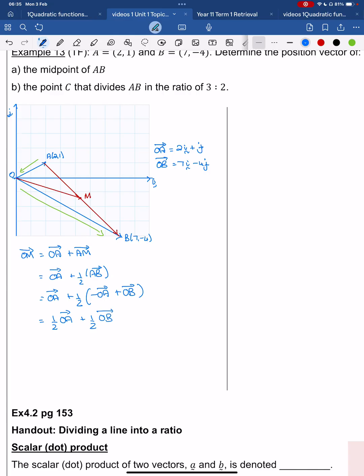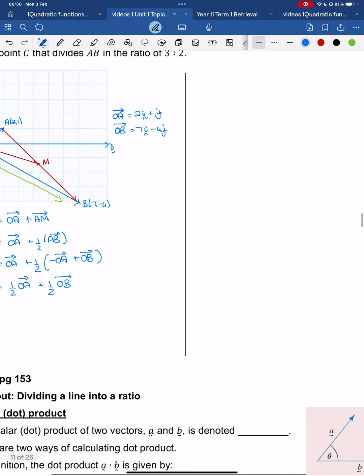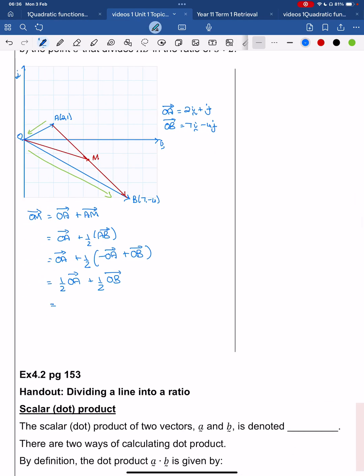And once we've actually nutted that part out, all we need to do is substitute in our vectors OA and OB. So we've got half times 2i plus j plus a half times 7i minus 4j, and it might be easier to write it all over 2 so that we can easily add and subtract.